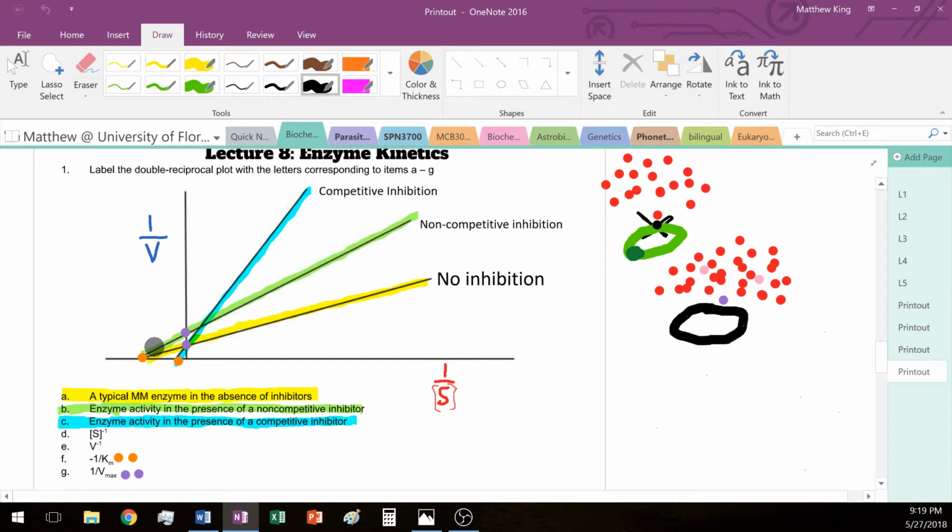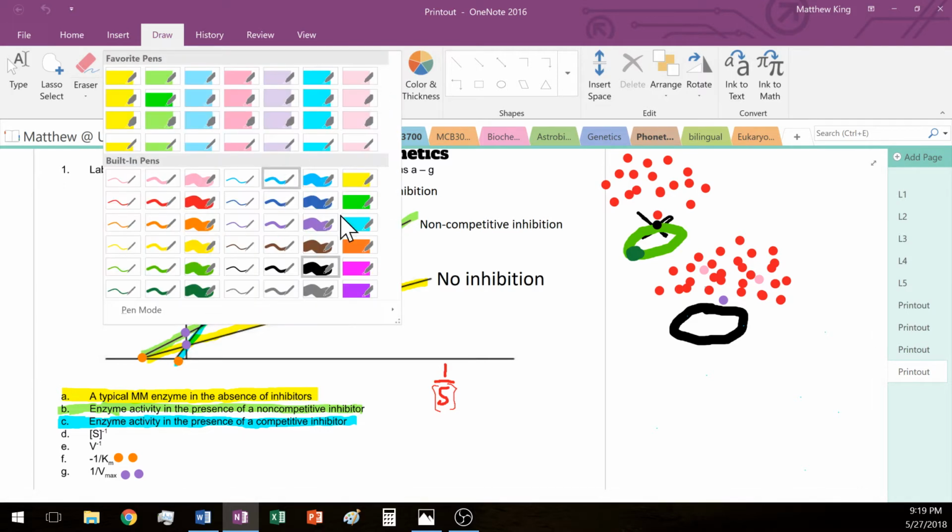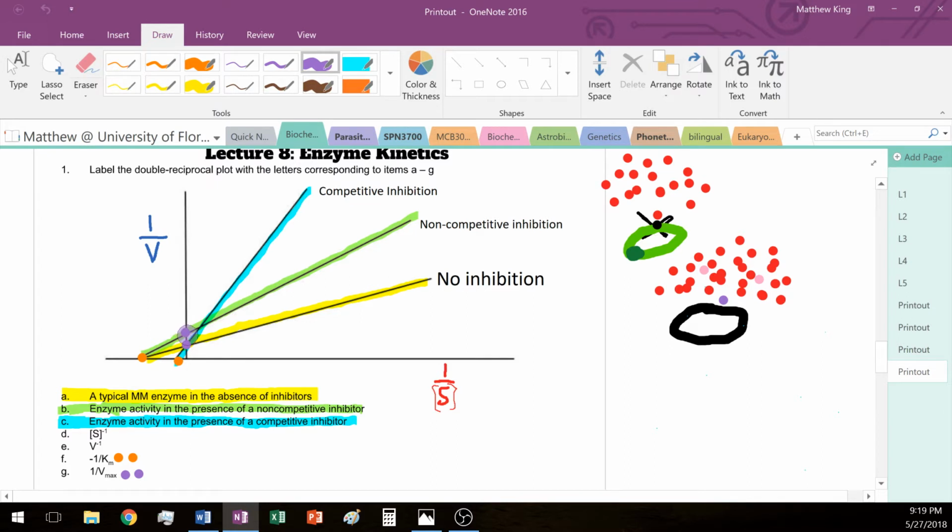The velocity that your beaker is capable of with all the enzymes and the substrate in there is just going to drop because there's nothing that can be done about it. So that's what this purple dot right there is saying, and that's why the non-competitive inhibitor has a lower Vmax, which is higher on the reciprocal plot.